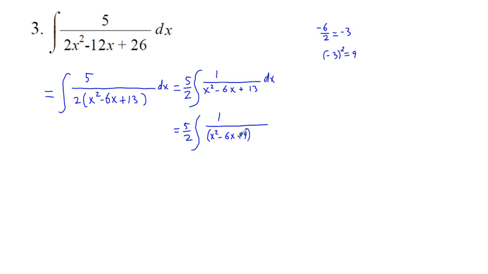And to balance that out, we have to add this 4 on the outside, and we have dx. Okay, and what that gives us is 5/2 the integral of 1 over quantity x minus 3 squared plus 4 dx.